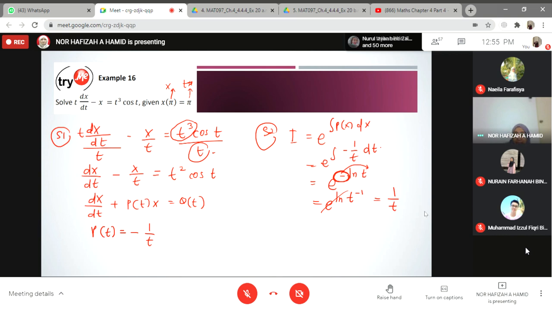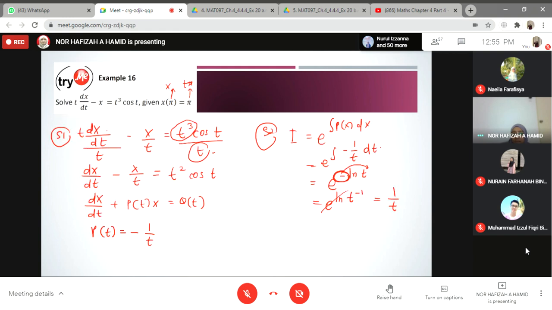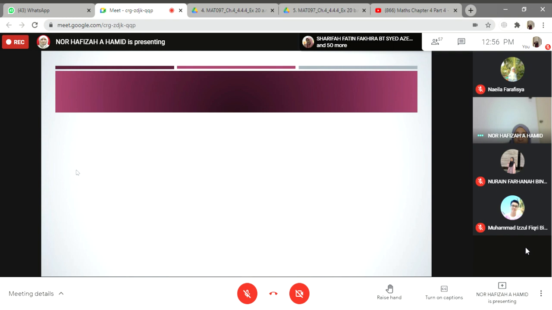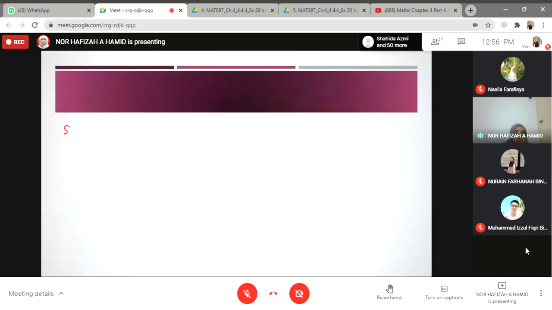Next step 3. Okay, so step 3 you need to multiply integrating factor with the standard form. Okay, so integrating factor you ada 1 over t. Lepas tu you punya standard form yang ini. Yang coefficient for dx over dt tu dah jadi 1. So dx over dt. Okay, so ni punya step 3.